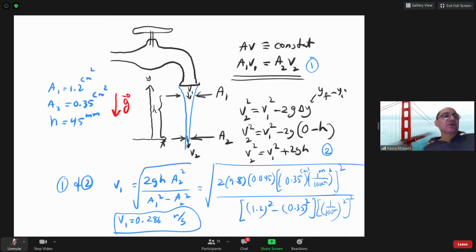Plug it into this equation, and you know the velocity of the water coming out of the faucet, which is amazing to me. I mean, just measuring geometric objects gives you the velocity of water. It's just unbelievable. But that's the power of using the continuity equation.